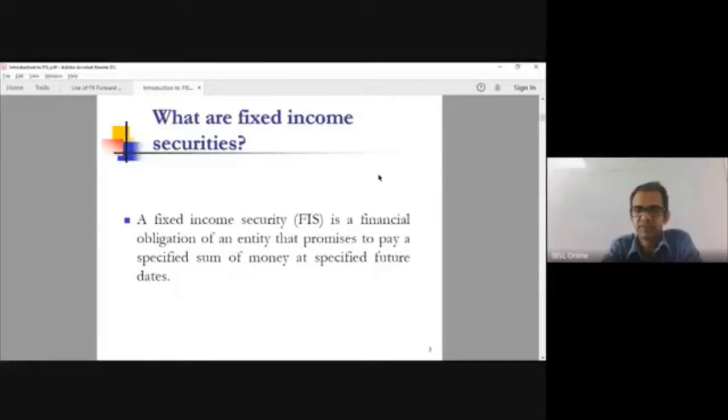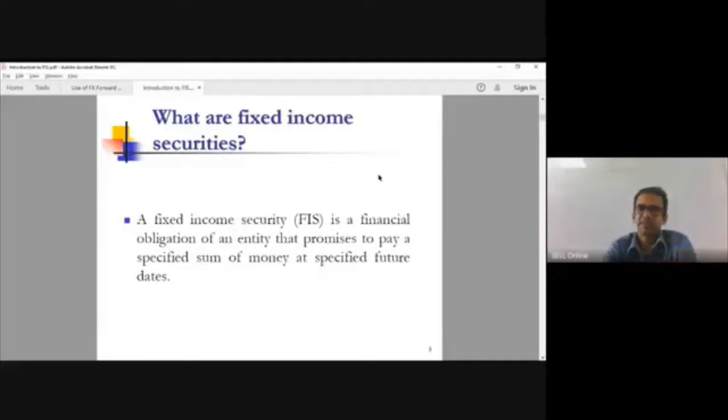So therefore the investor gets a fixed amount of cash flows according to a given schedule. So that is why we call them fixed income securities. Debentures also are a type of fixed income security.